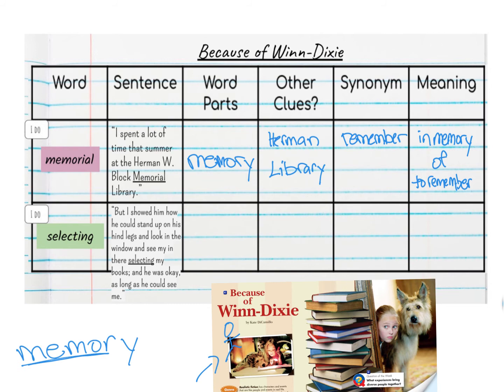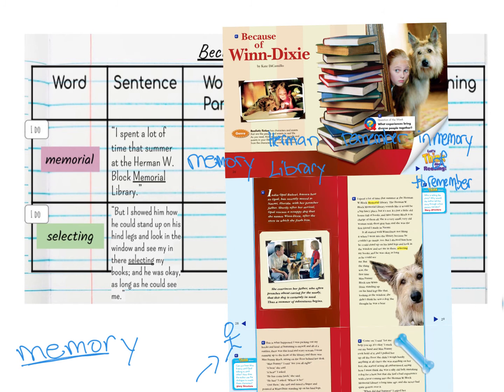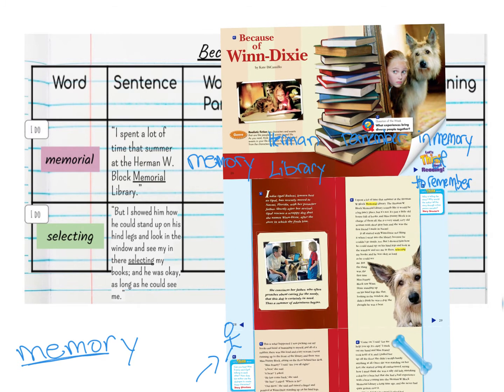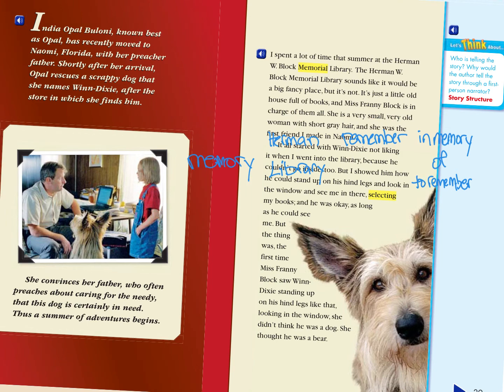Now let's look at the word selecting. We are also going to use context clues to see if we can figure out the meaning of this word selecting. I'm going to begin by going back to the text. I'm looking for the word selecting.